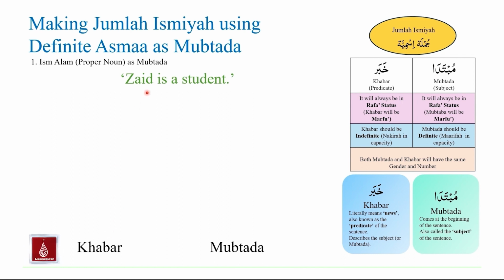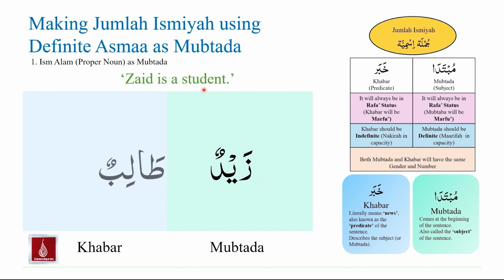The Arabic for Zaid will be written as Zaidun, and the Arabic for student will be written as talibun. Let us look at Zaidun as mubtada and make sure that it meets all the requirements to be mubtada.